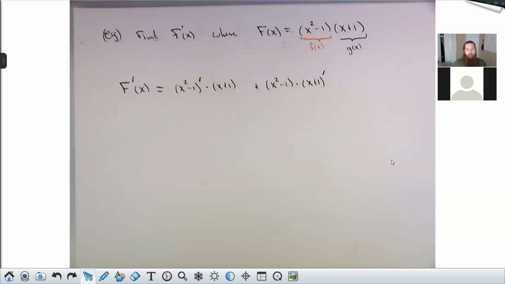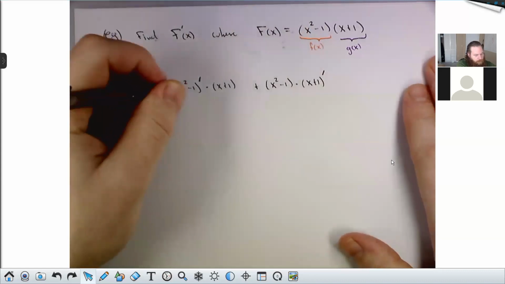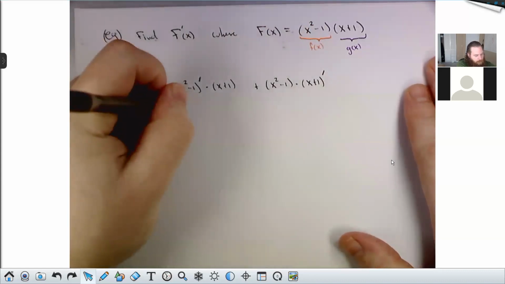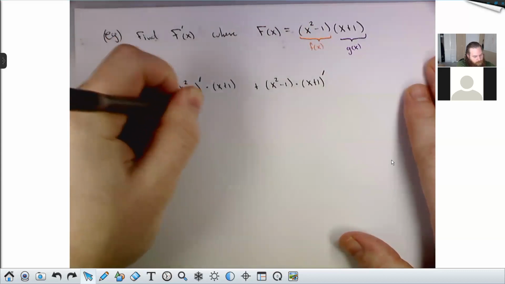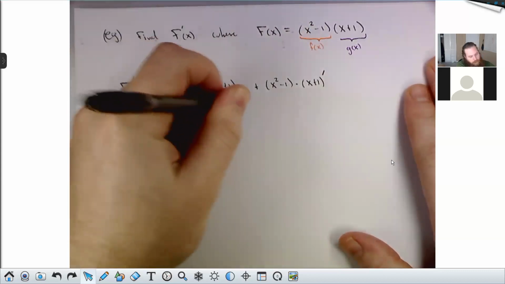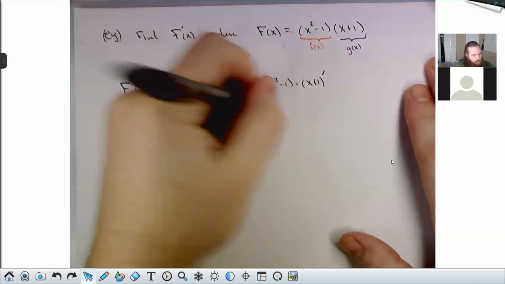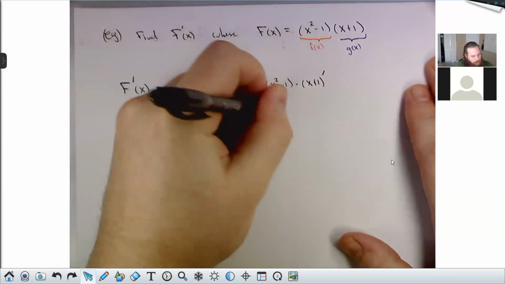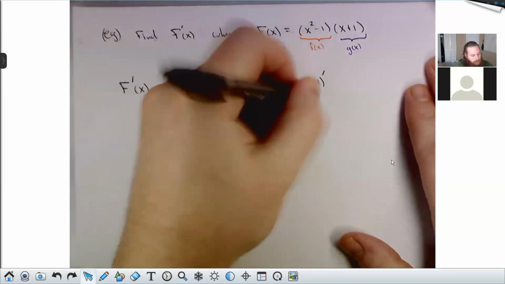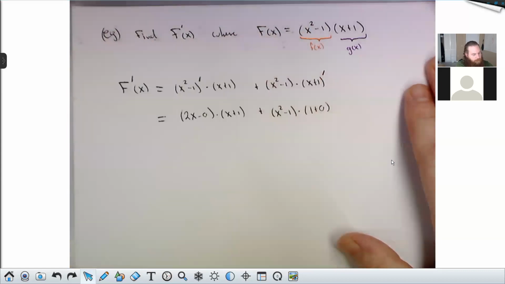This will work. What do we get? Well, if you differentiate x squared minus 1, this is 2x minus 0 times x plus 1, plus x squared minus 1 times the derivative of x plus 1, which is 1 plus 0.